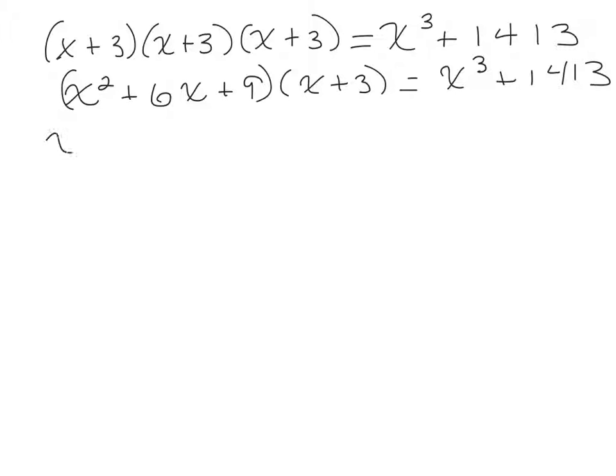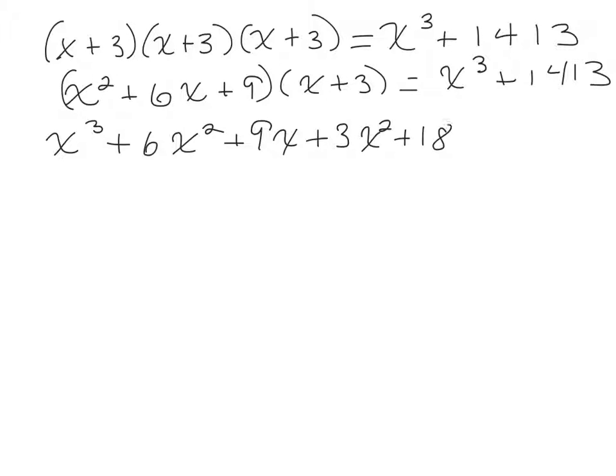So we'll get x cubed plus 6x squared plus 9x. That was distributing the x. Now we'll distribute the 3, so we get plus 3x squared plus 18x plus 27, and that's equal to x cubed plus 1413.